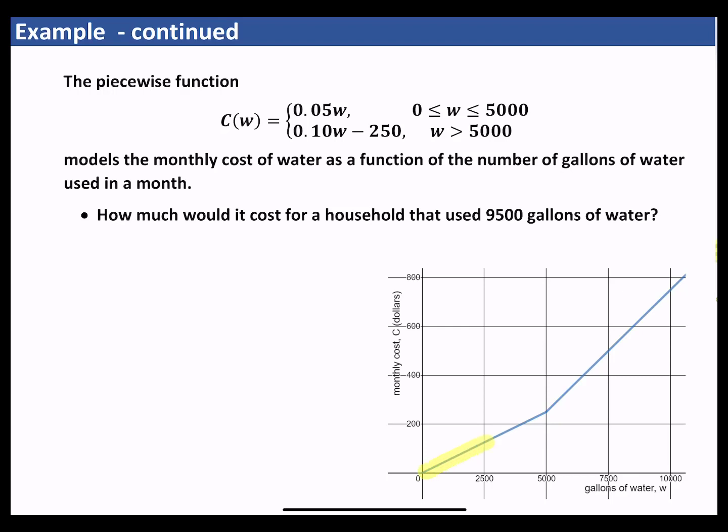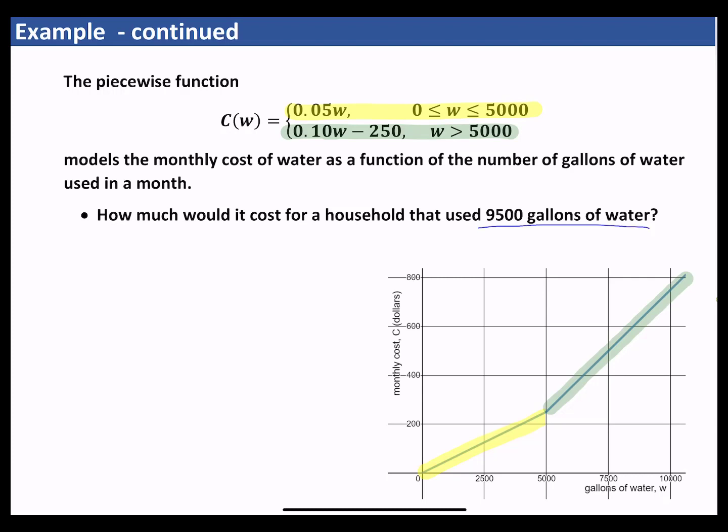This first piece corresponds to the 5 cents per gallon when they use between 0 and 5,000 gallons of water. And the second piece corresponds to when they use in excess of 5,000 gallons of water.